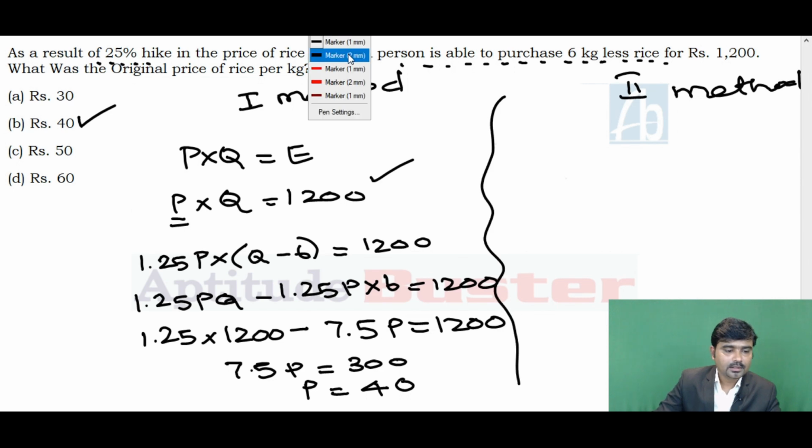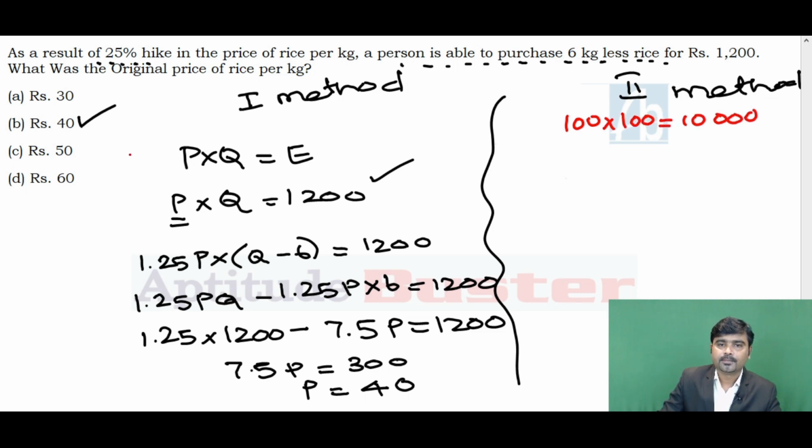The second method: if I assume 100 is the price and 100 is the quantity, then expenditure is 10,000. If I increase the price by 25%, then it becomes 125 into something equal to the same 10,000. How much does the quantity decrease here? Here 125 into 80 gives 10,000, right?